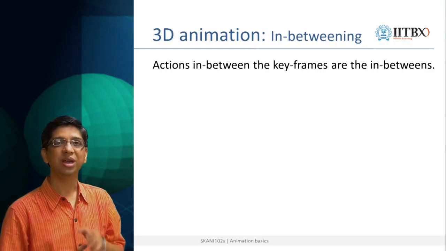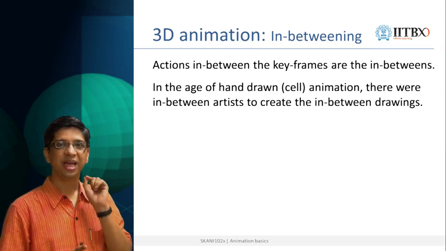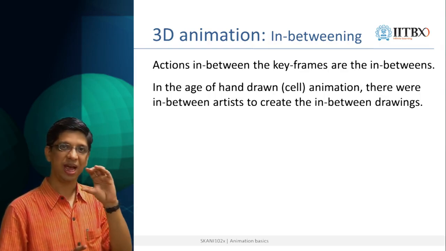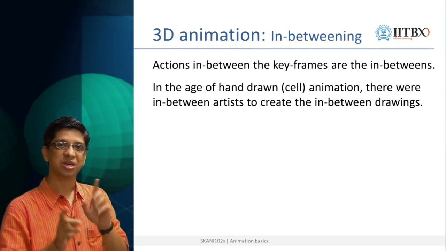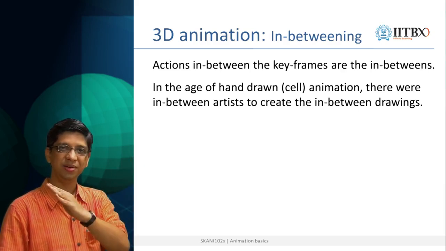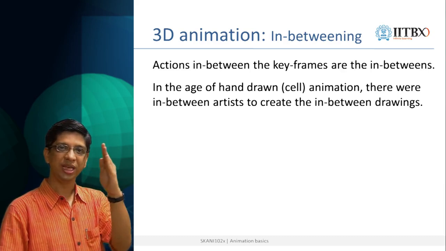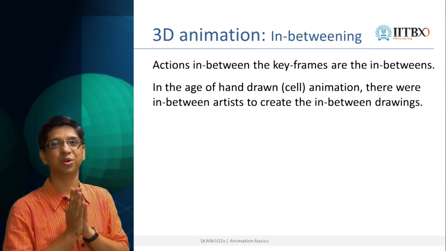But what happens to the frames in between these two? Well, as the word suggests, these frames are called in-between frames. In earlier times, like I said, the animators used to draw the keyframes and the in-betweening artists used to draw the in-between frames. So the animator can create this frame, and the in-betweener will be told to create all the in-between frames. That is how meticulous this whole art was.